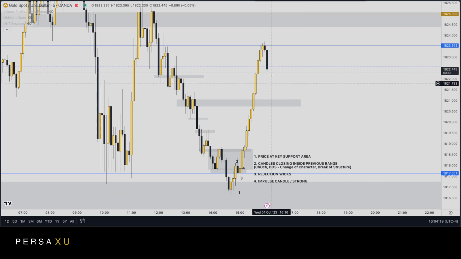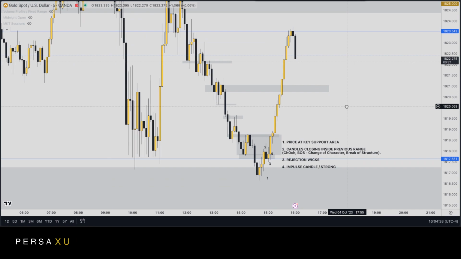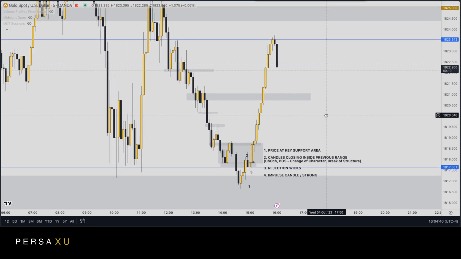And if price bounces off of this and it shows rejection here, rejection like wicks, something like this, and then the price closes above, then it's going to come back up. If it closes below how it did over here, then it's going to come back down over here. And that's how the market is going to be moving throughout the next few hours.